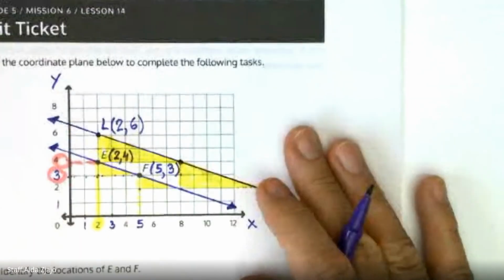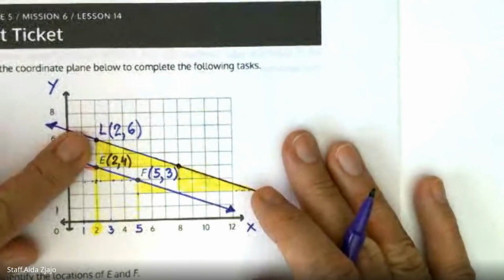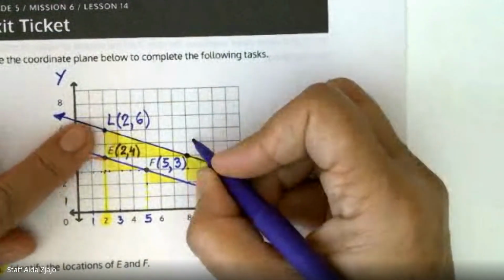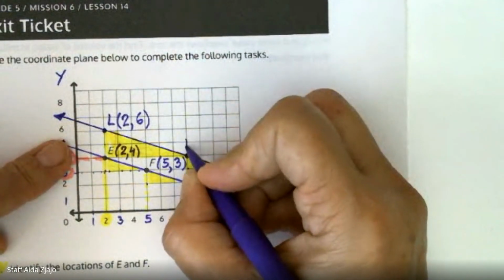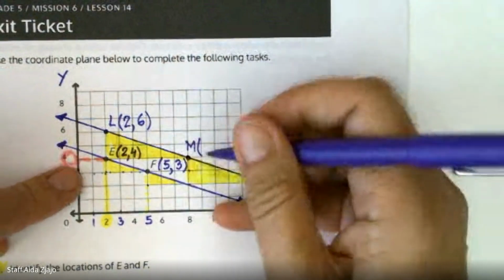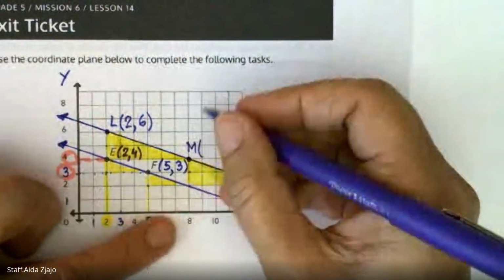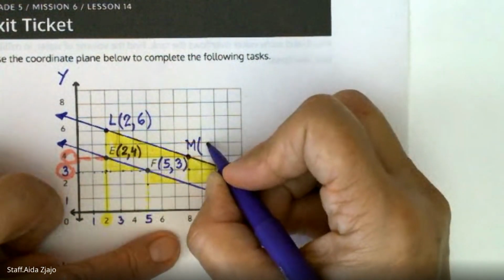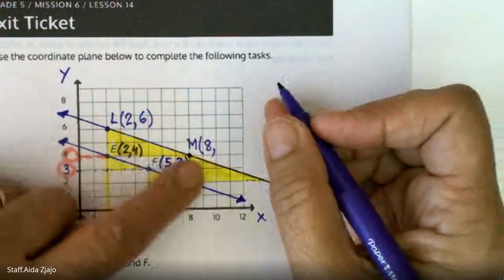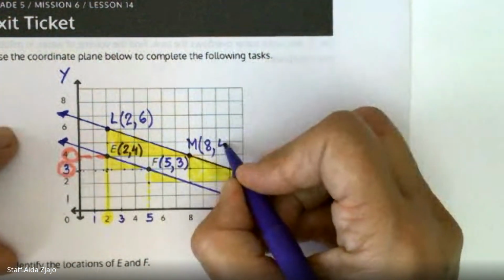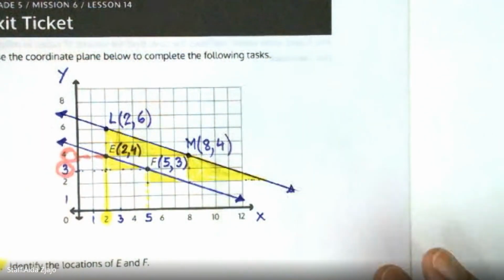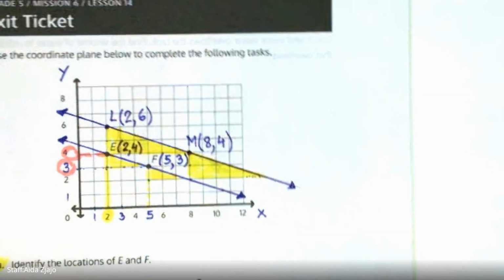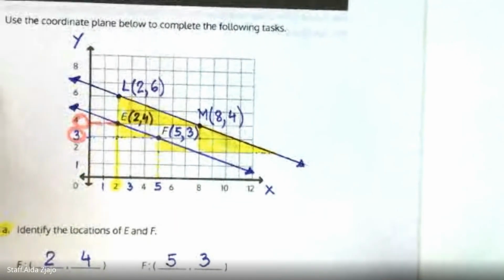I use this point, and then this will be my M. So M would be (8, 4). It's endless possibilities. You can do it this way, you can do it another way. That is just an idea.